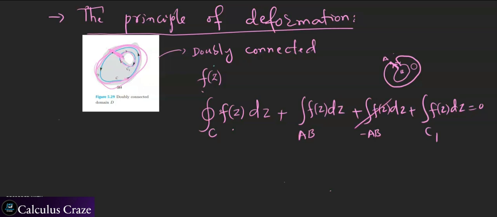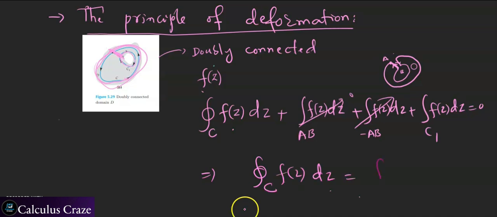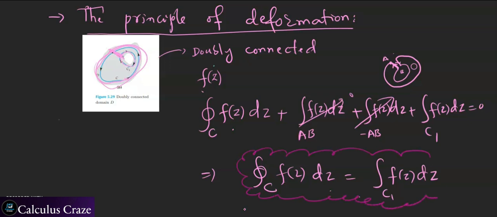The integrals over AB and minus AB cancel by the property, and from here I can conclude that the integral over C of f of z dz equals minus the integral over C1, but because the orientations are opposite, I can write it in the positive sense. This equality of integrals is known as the principle of deformation.